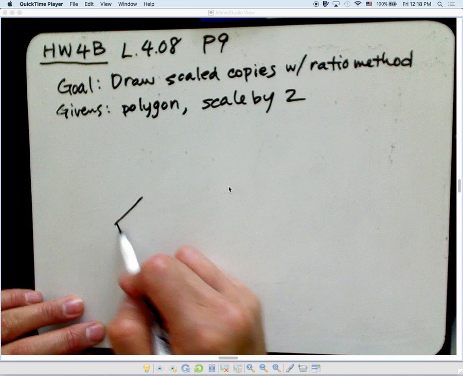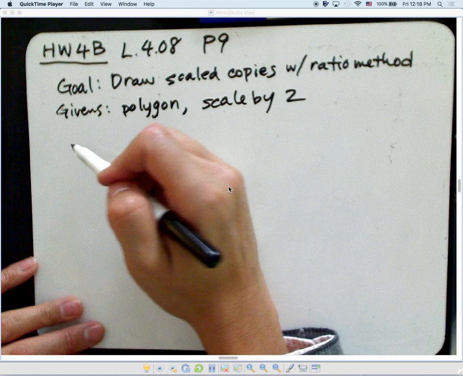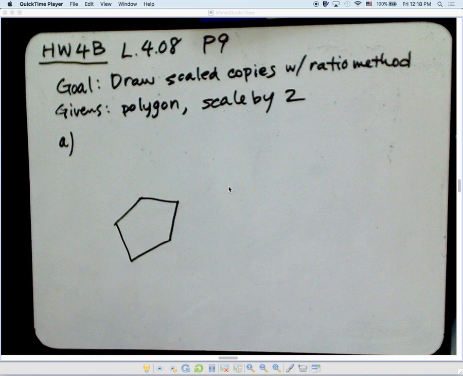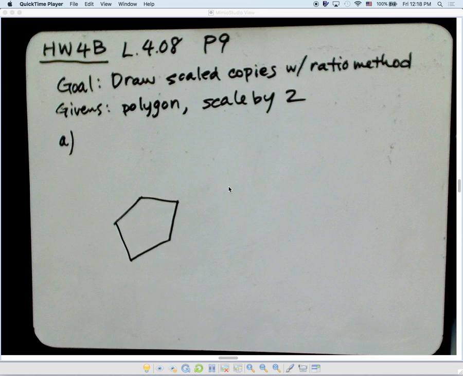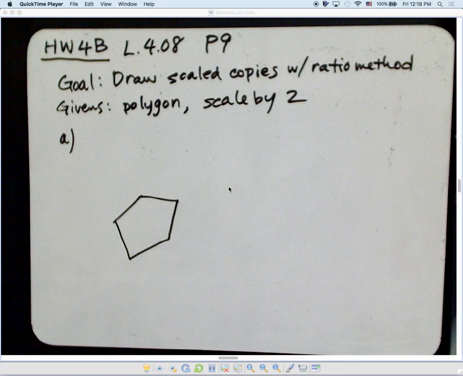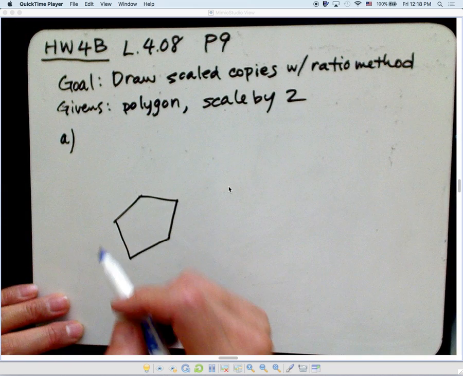So draw any polygon you want. Okay, so I'm going to do part A, for example, so that you can do parts B and C by yourself. For part A, we have to take the center of dilation outside the polygon.